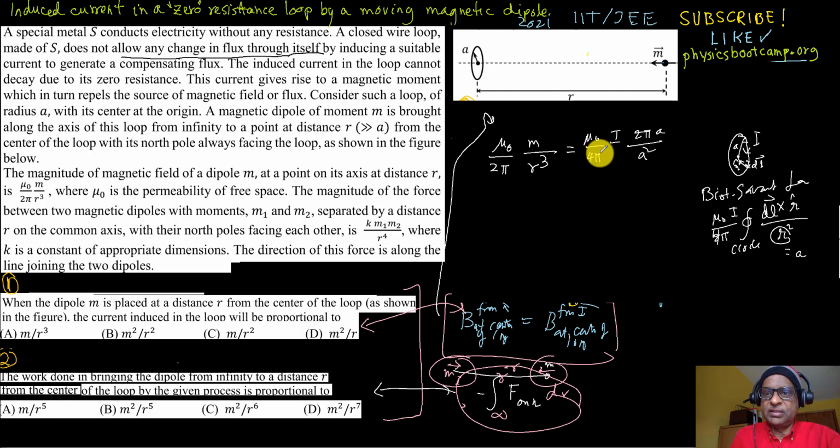So you get a 2 here, and this 2 cancels out, and this a cancels, so just one a remains. The mu naught goes away, so I equals a over pi, m over r cube. That means I goes as m over r cube.